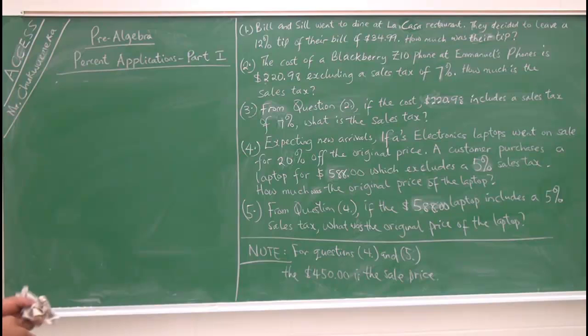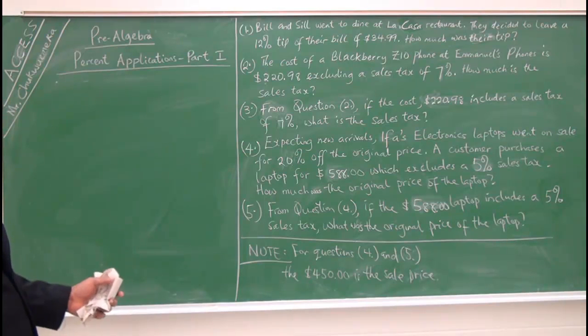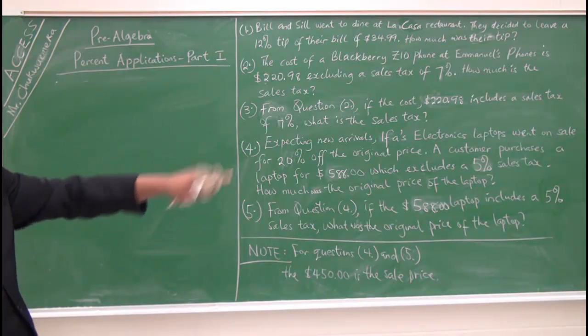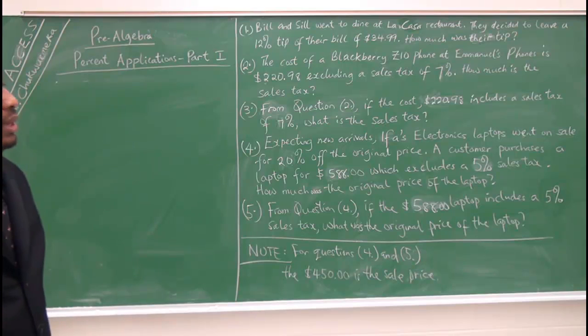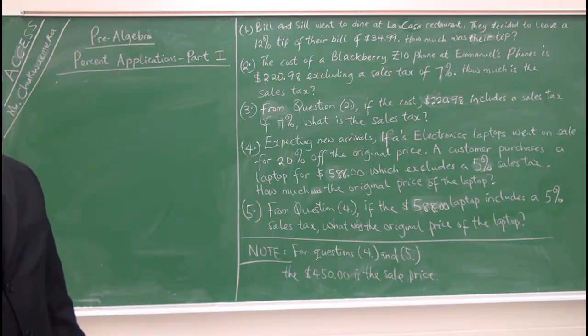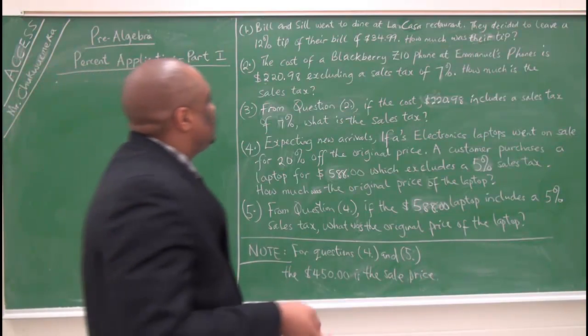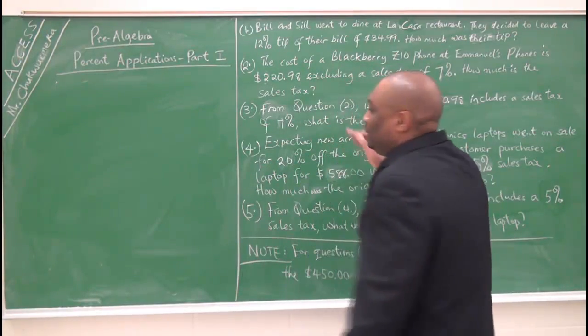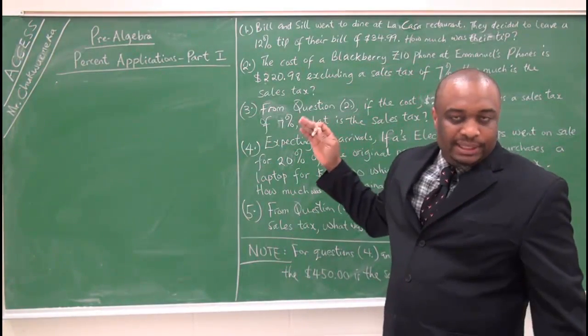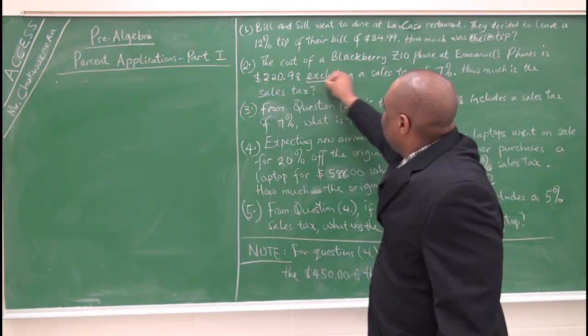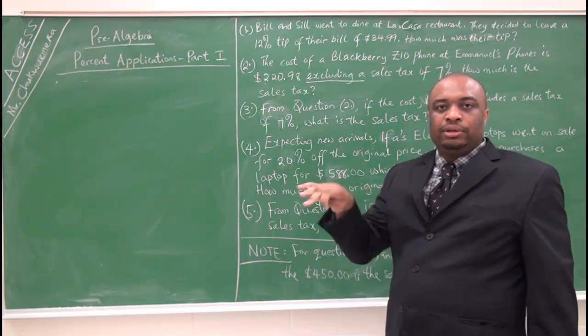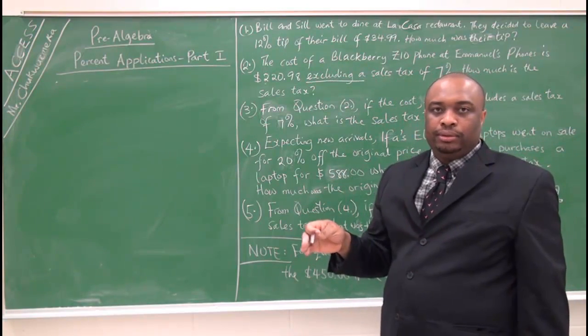Question 3 says, from question 2, if the cost, of course the cost was $220.98, if it includes a sales tax of 7%, what is the sales tax? Now, in this question, I want you to know the difference here. Here it says excludes. Excludes means it does not include, right?